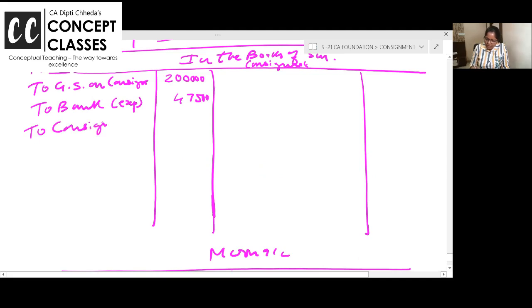To consignee. Why am I writing consignee? Because that is the consignee's name. To Moon. All the expenses you take.